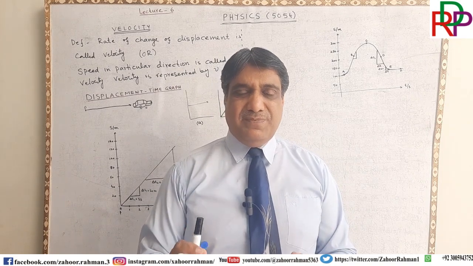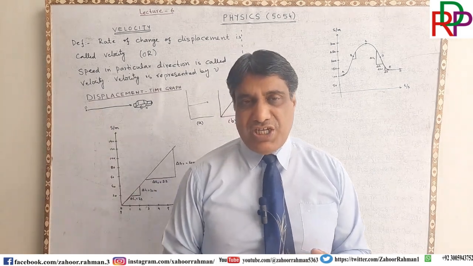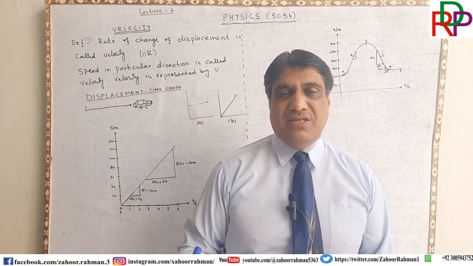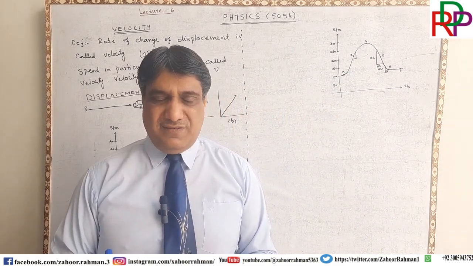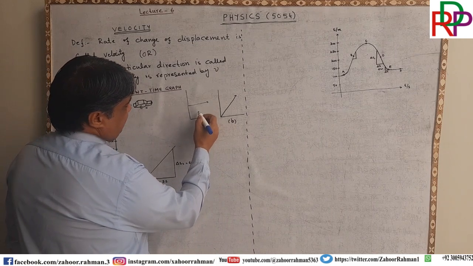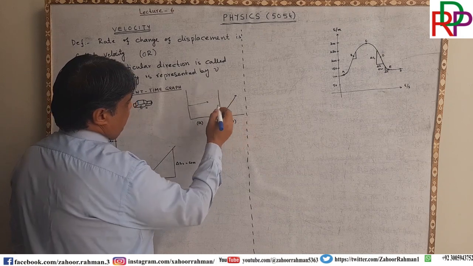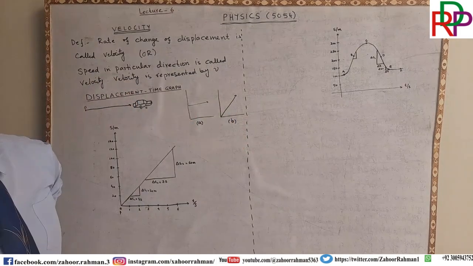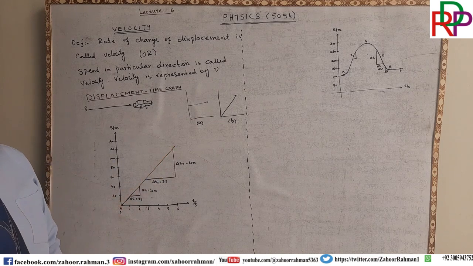If an object is moving in a straight line without changing its direction, then we say that it is moving with constant velocity. A is showing the constant velocity and B is showing the uniform velocity. This is also uniform speed.